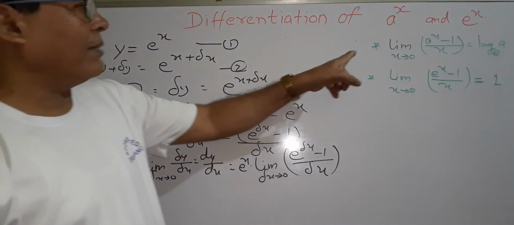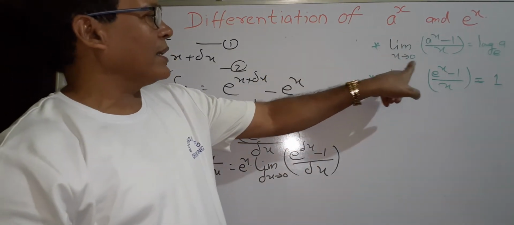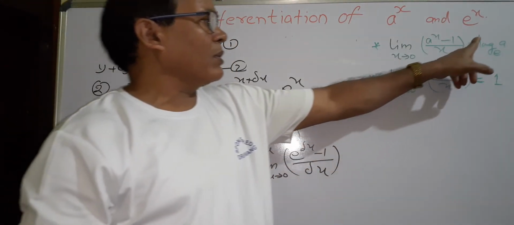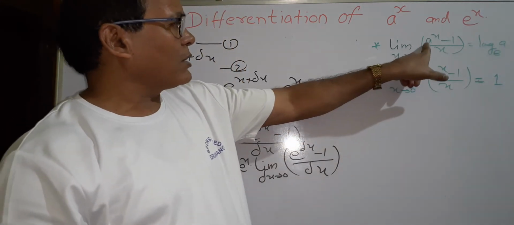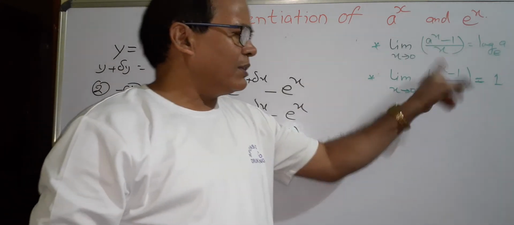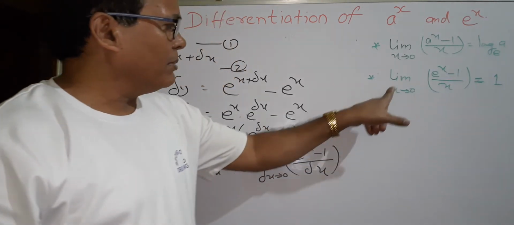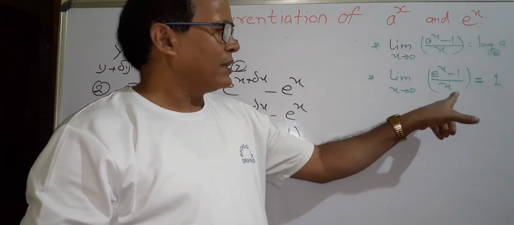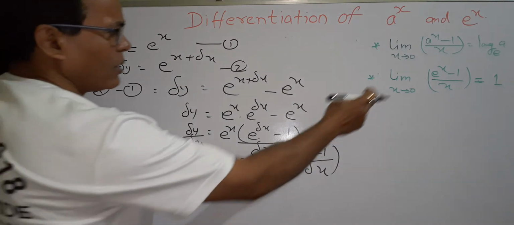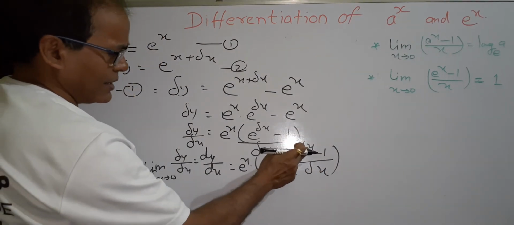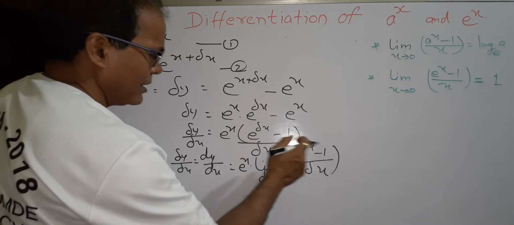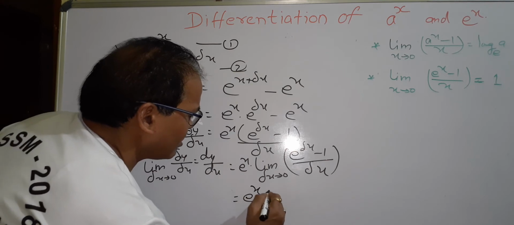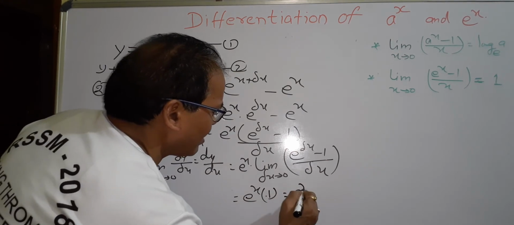Earlier also you have seen limit x tends to 0, a to the power x minus 1 divided by x is equal to log e a. At the same time, if in place of a to the power x it is e to the power x, the value will be 1. So limit x tends to 0, e to the power x minus 1 divided by x is equal to 1. Same thing here, in place of x is delta x, so this value became 1, and dy by dx is equal to e to the power x into 1, which is e to the power x.